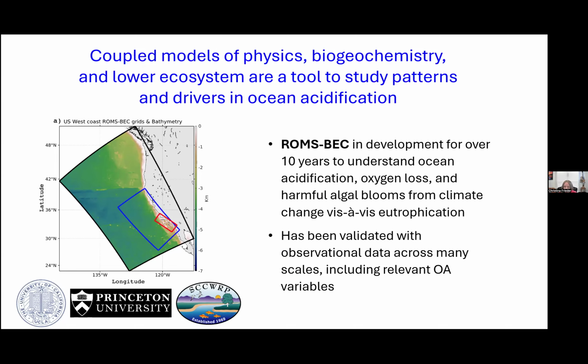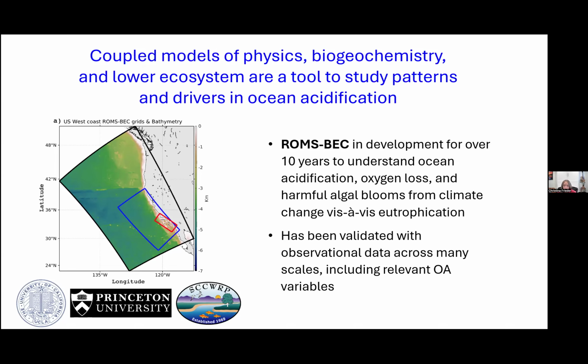And one of the impetuses for developing a model for the US West Coast was to understand what is driving ocean acidification, oxygen loss, and harmful algal blooms in this system, not only from natural climate variability, but from climate change and from eutrophication.